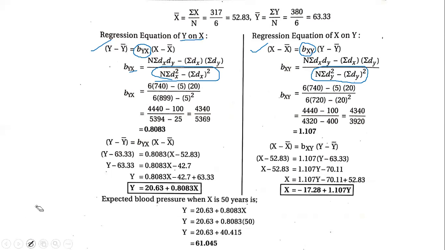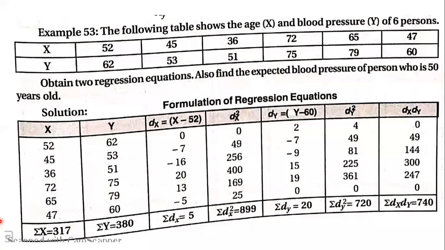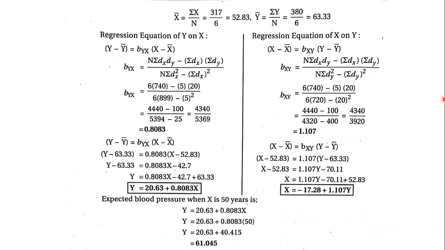Moving further, let us substitute all the values that we have calculated. If you go back and see the totals here, sigma dx, dx square, dy, dy square, dx dy, everything we have. So let us put that. N is equal to 6. We have 6 data. So 6 into 740 minus sigma dx, which is 5, into sigma dy, which is 20, divided by n into sigma dx square.